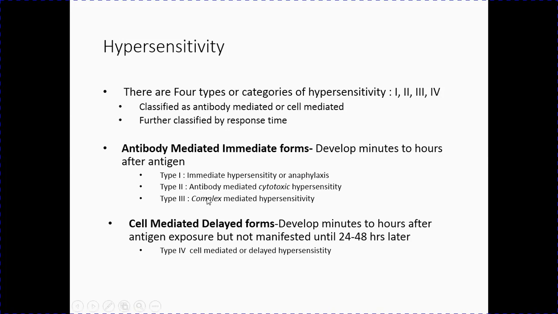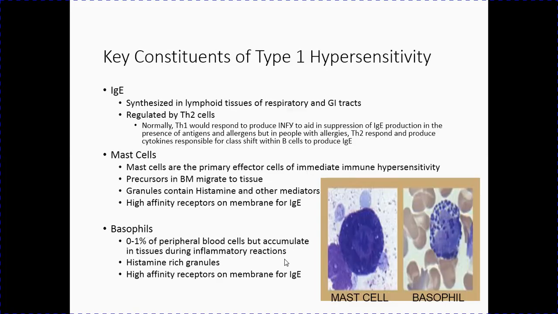Here, complex is referring to antigen-antibody complexes, not how confounding or complicated it is, but really that antigen-antibody complex. And then our only cell-mediated delayed form are T-cell mediated. So cell-mediated or delayed hypersensitivity is what type 4 is. Not too hard to follow along with that.